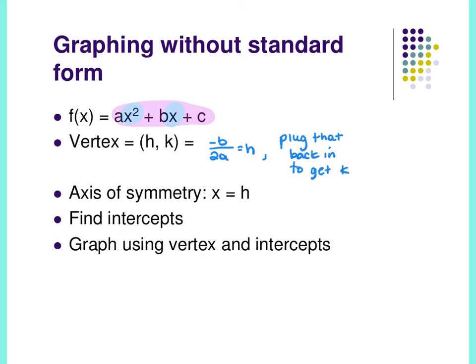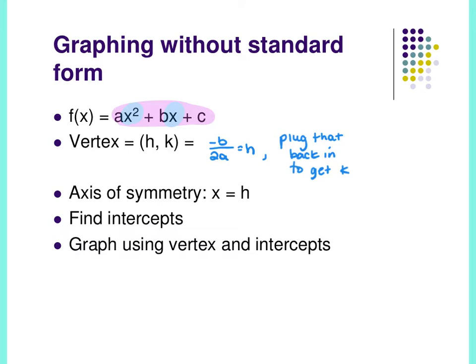So you plug it back in, you solve for y, and that's your k value. So that's a fast way to get your vertex without having to put it back in standard form. From there, your axis of symmetry is x equals h, which you'll know.